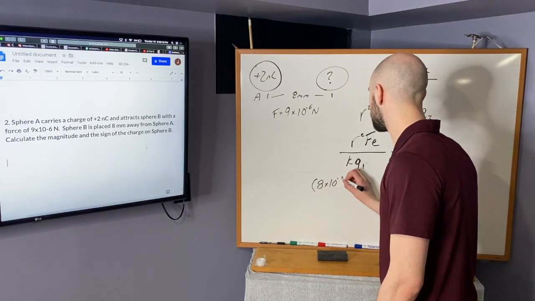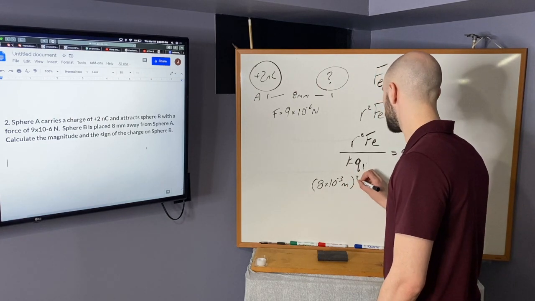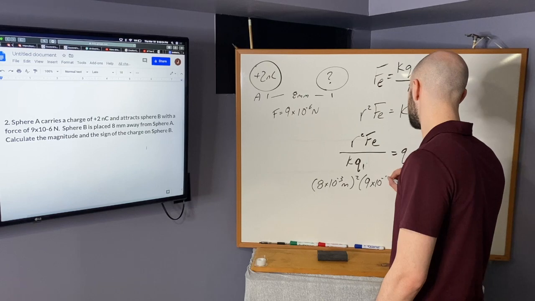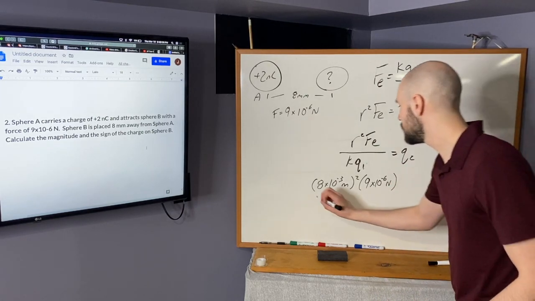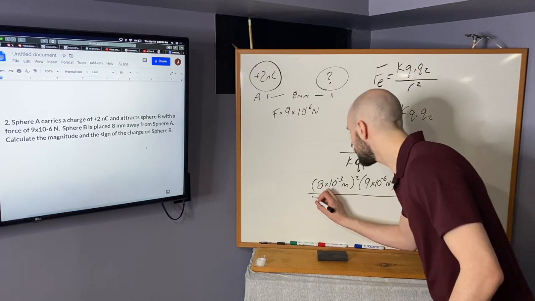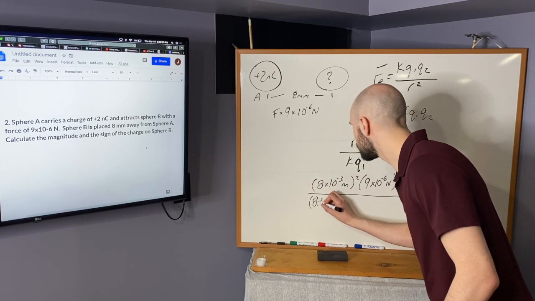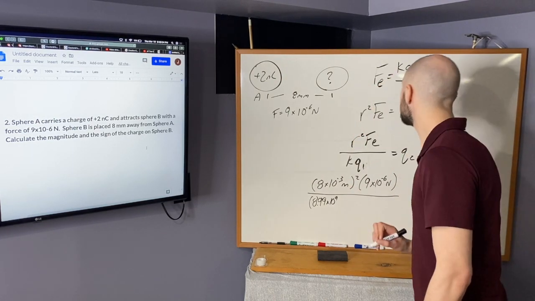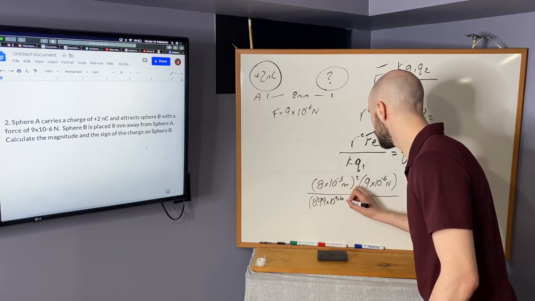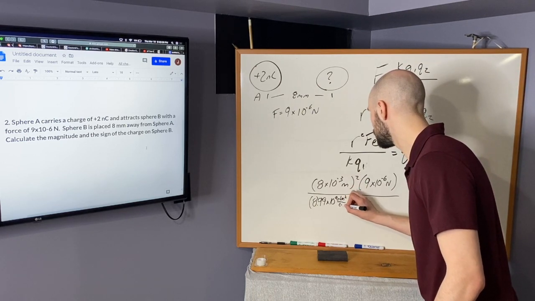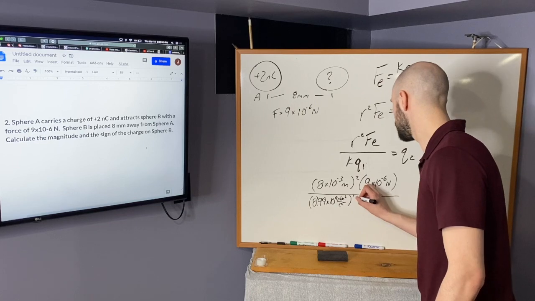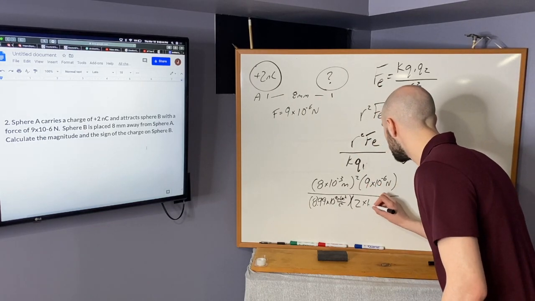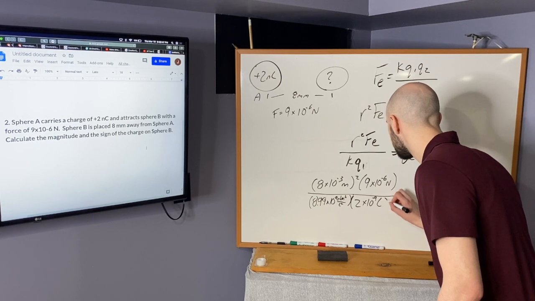That's 8 times 10 to the minus 3rd meters squared times 9 times 10 to the minus 6 newtons, all over K, which is 8.99 times 10 to the 9th newton meters squared per coulomb squared. Q1 is given to be 2 nanocoulombs, 2 times 10 to the minus 9 coulombs.